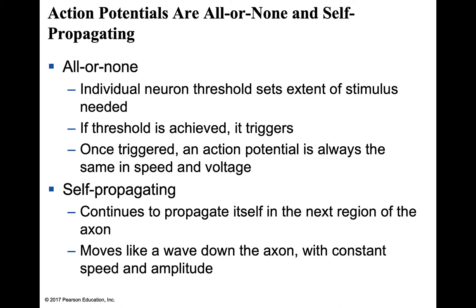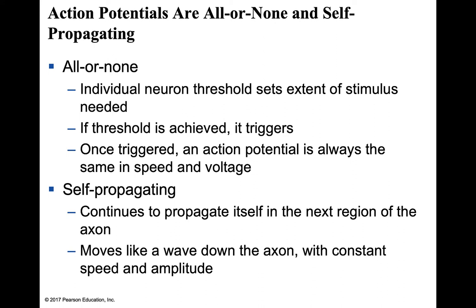The other term we have to keep in mind when we're talking about action potentials is self-propagating. So it's not the same action potential moving down the axon. Excuse me. What you want to think of, imagine, set up a row of dominoes. Each one of those dominoes is an action potential.